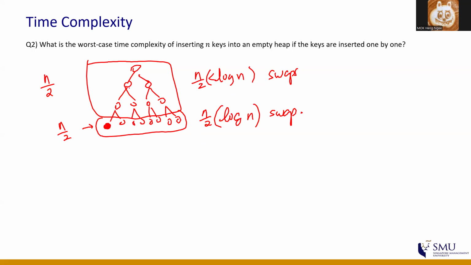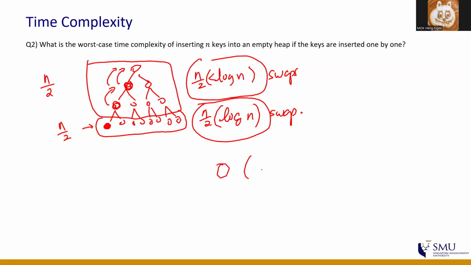Do you agree? For example, to insert this one, at most 1 swap. To insert this one, at most 2 swaps, which is smaller than the height. Definitely smaller than the height. So the total number of swaps will be this plus this, which is O(log n). Sorry, O(n log n).